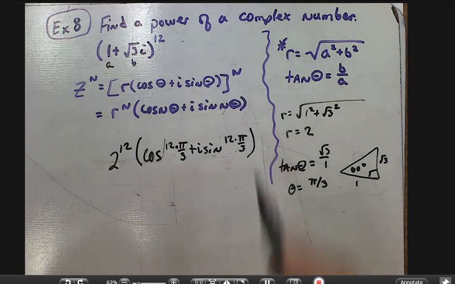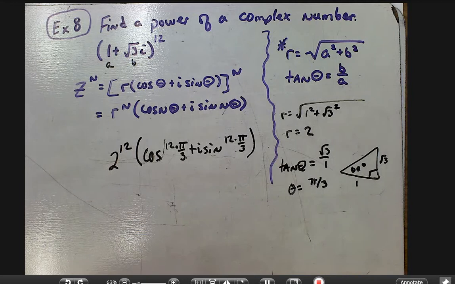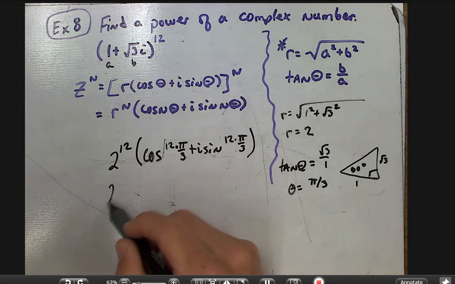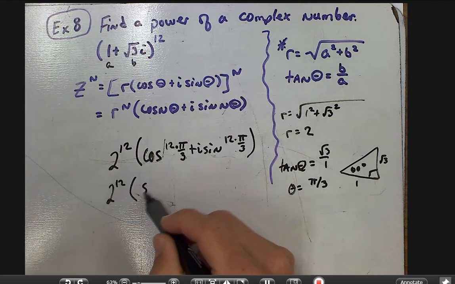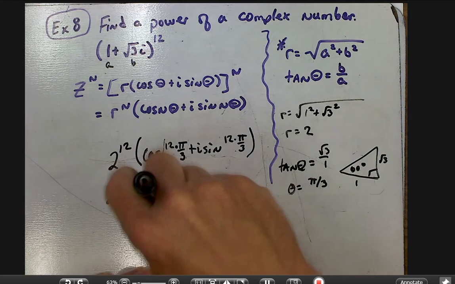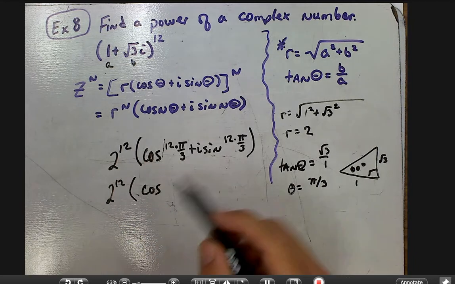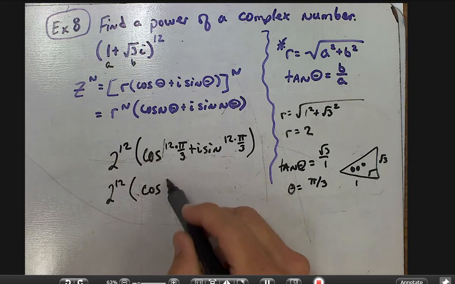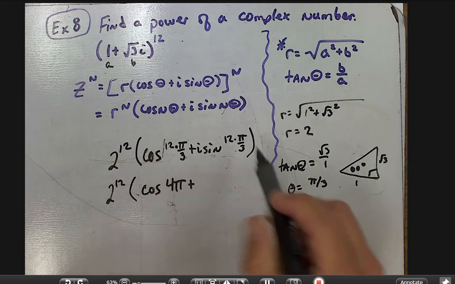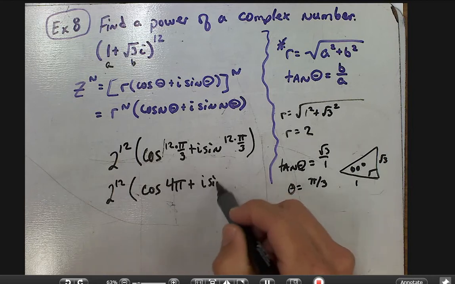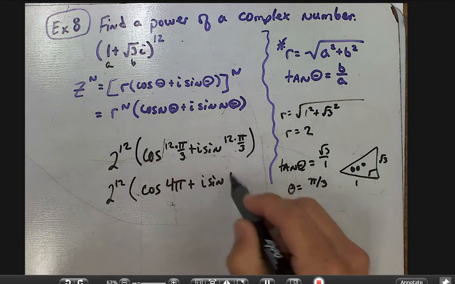We're going to simplify this. 2 to the 12th times the cosine of 12 times pi over 3, which would be 4 pi, plus i sine, and 12 times pi divided by 3 again would be 4 pi.